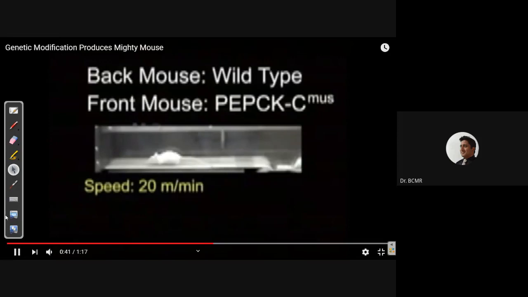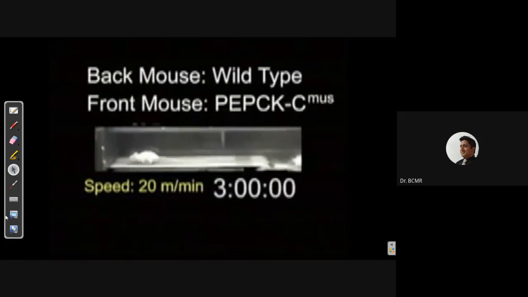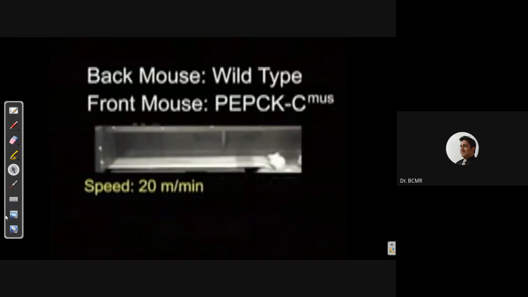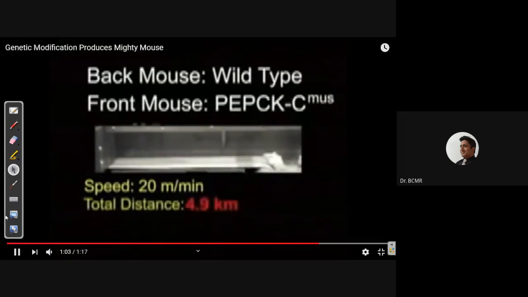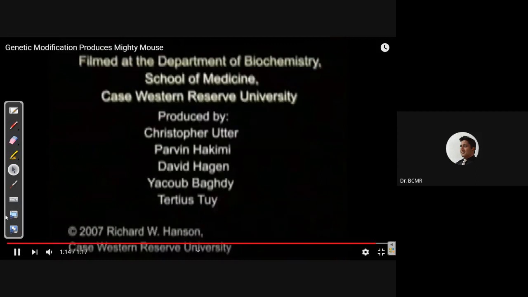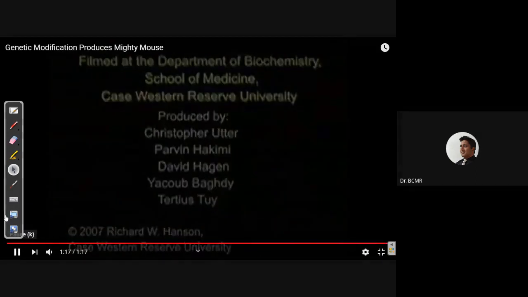But the point is, the engineered one has a higher capacity for, sorry, aerobic respiration, so that it can engage more in the Krebs cycle and generate more energy. You can see that it has run almost 5 kilometers so far and is still not done, while the wild type quit a long time ago, much earlier.